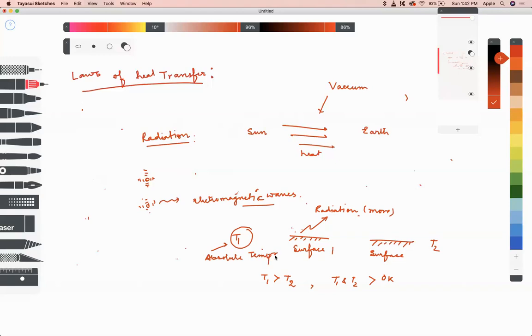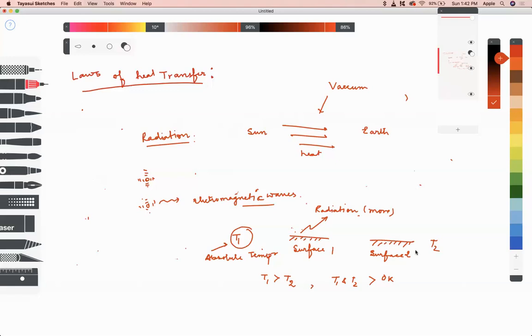And since in this case the absolute temperature is more in case of surface 1, definitely it will emit more amount of radiation. Also, as the temperature increases, the radiation of a particular wavelength will be coming out as more. So we will see all those things when we discuss radiation in detail in your fourth module.